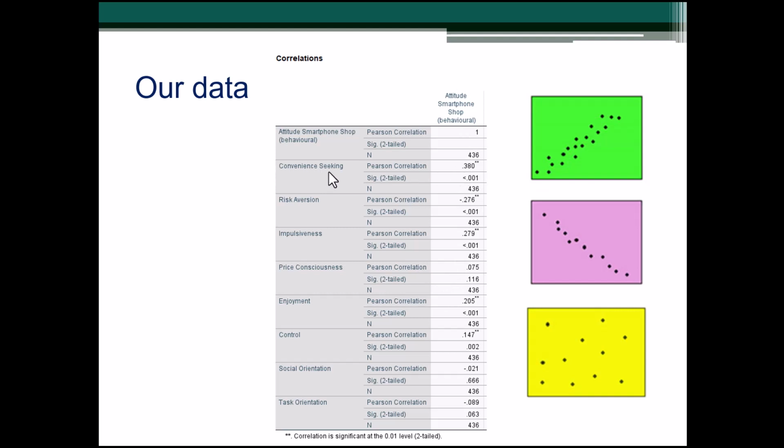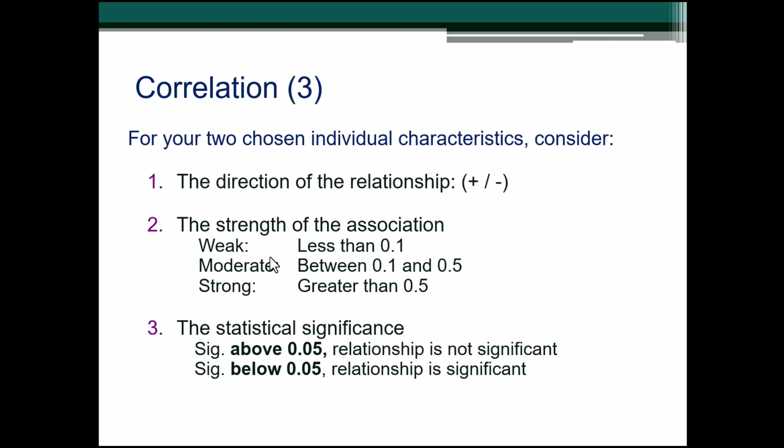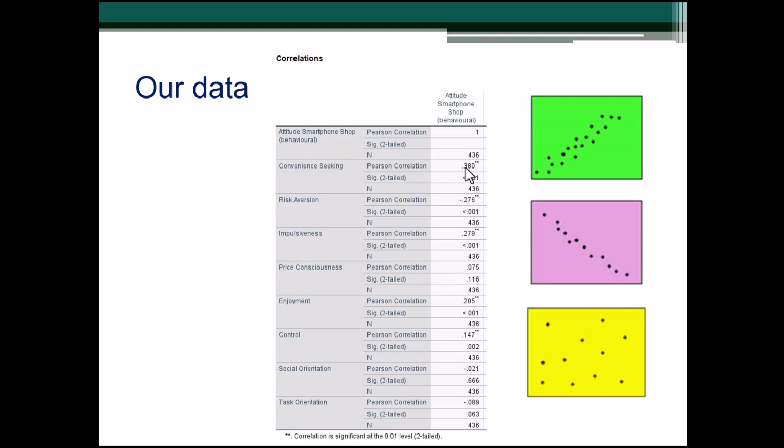So firstly, looking at convenience seeking and the relationship between it and attitude towards smartphone shopping, we've got the Pearson correlation, which tells us the level of that correlation. You can see the strength and direction shown here with this number. So it's a positive number, it's a positive correlation, and it's moderately strong because it's 0.38. If you go back here, you can see 0.38 falls between 0.1 and 0.5, so it's a moderately strong correlation.